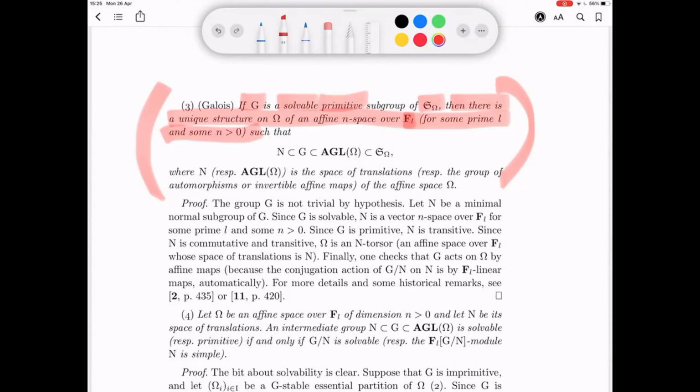Now, if your group happens to be a vector space over some field, after all, vector spaces are also groups, additive groups, then a principal homogeneous space under this vector space is called an affine space over your field.